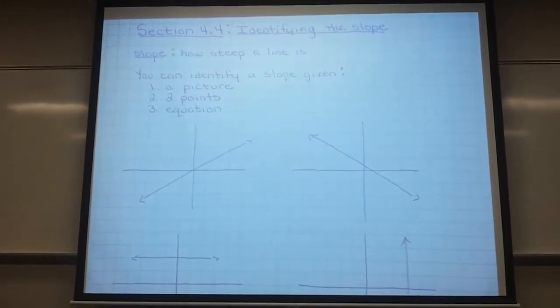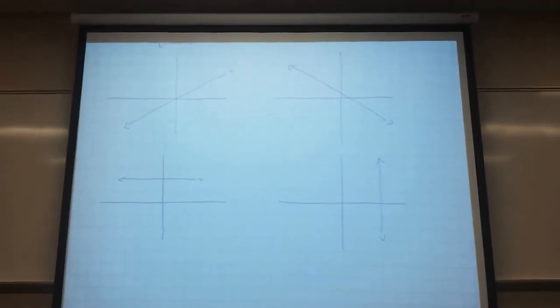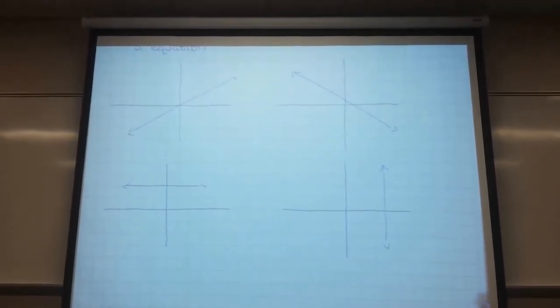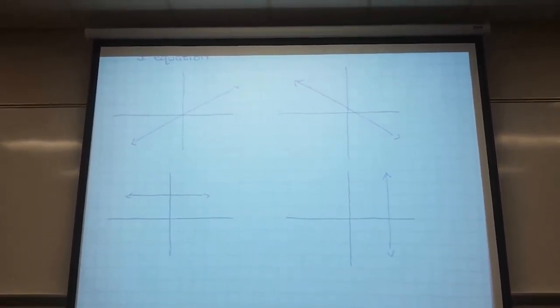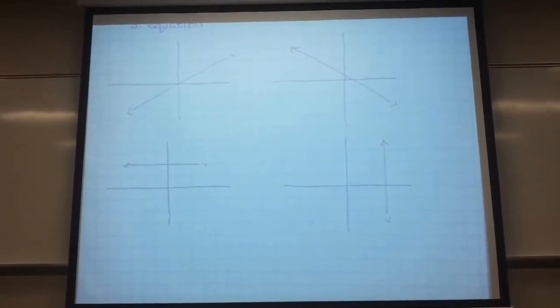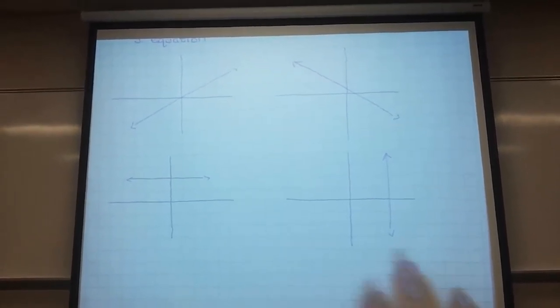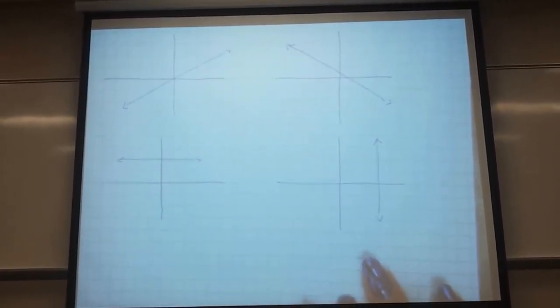Okay, so those are the four different kinds of pictures you can see when you're drawing. Those are the only four kinds of pictures. And that's number one, identifying the slope by looking at a graph.